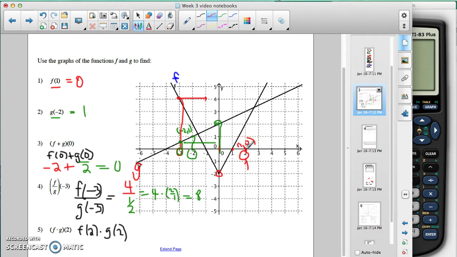Let's first look at the f graph. That goes up to here. So that value is going to go across here. That's going to be 2 for this value. And then g of 2. We're going to travel up to this point, and then across, that's going to be 3. So we're going to get 2 times 3, or 6, as the value for f of 2 times g of 2.